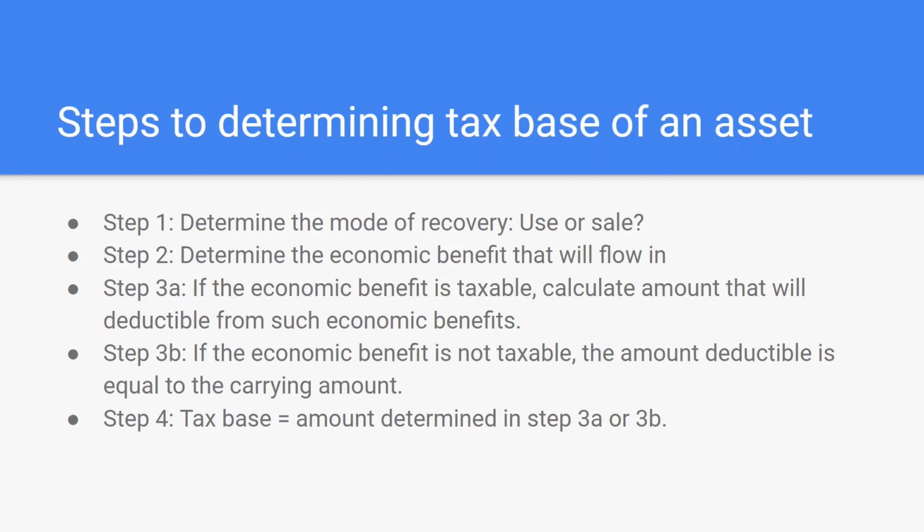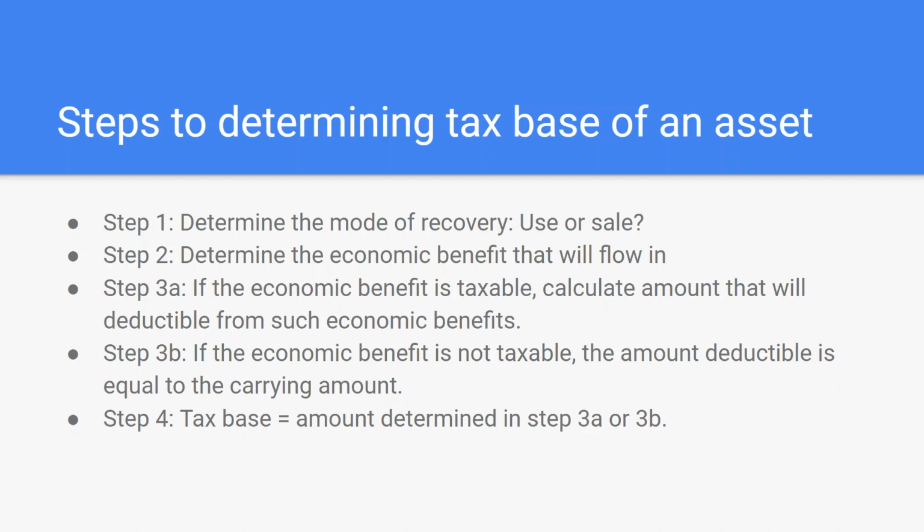And so when you pick up an asset, the first thing you need to determine is to say, how does the entity expect to recover the carrying value of the asset? So if you pick up a PPE or say a machine, and the carrying amount is $100,000, how do I expect to recover the value of the asset? Am I recovering it through use or recovering it through sale?